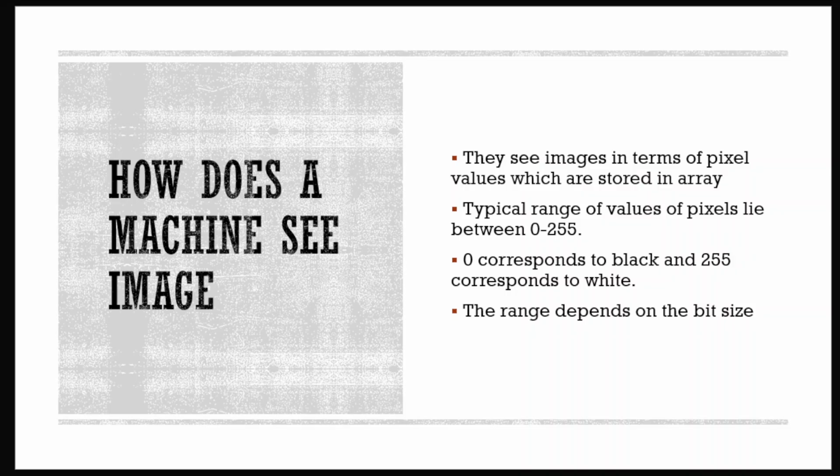So, in color spaces, how does a machine see an image? When we see an image, we can see the boundaries and the different colors. But how does a machine know? Actually, it sees in terms of pixels, with the pixel intensity stored in an array.